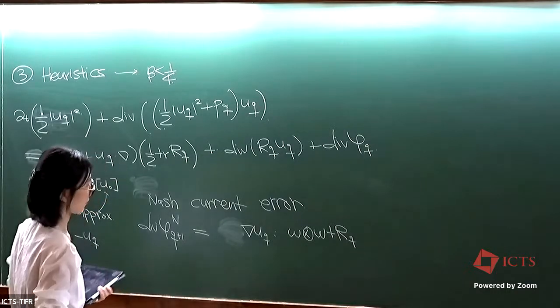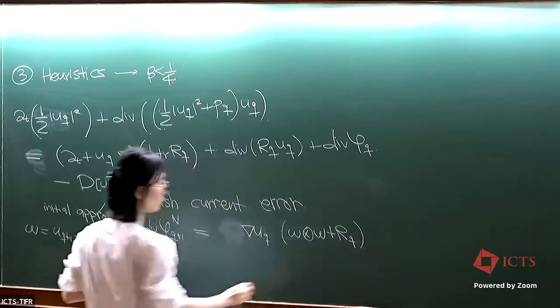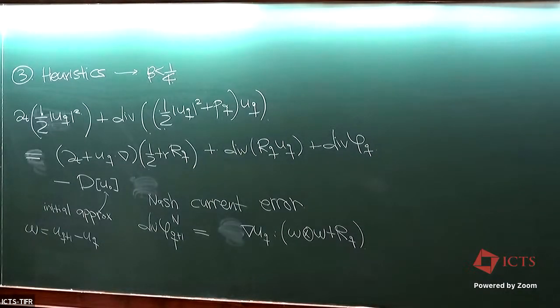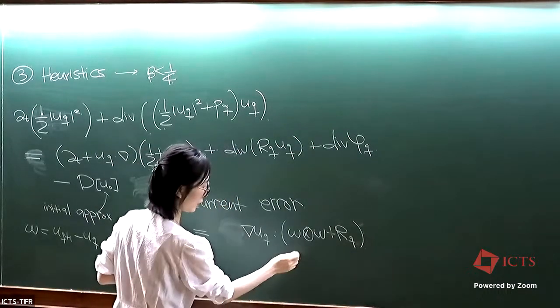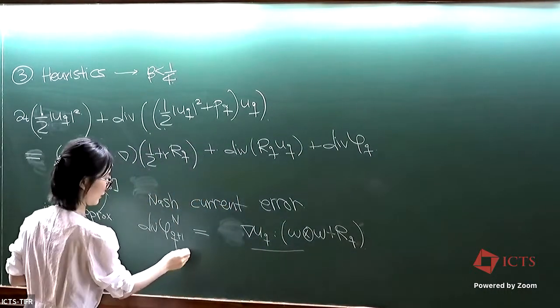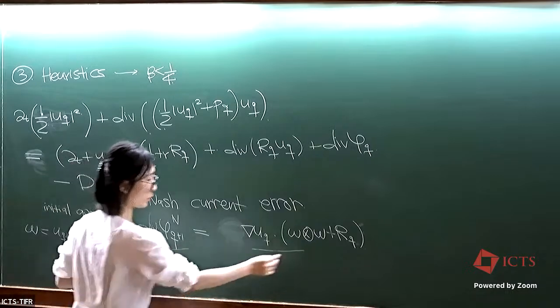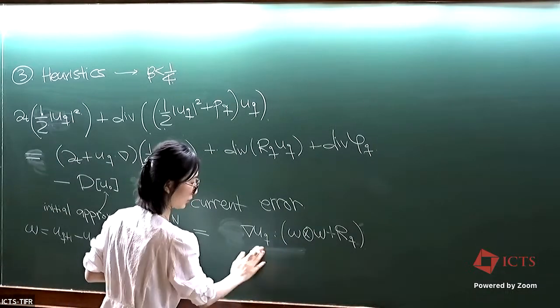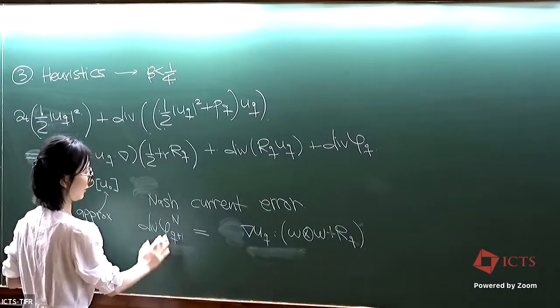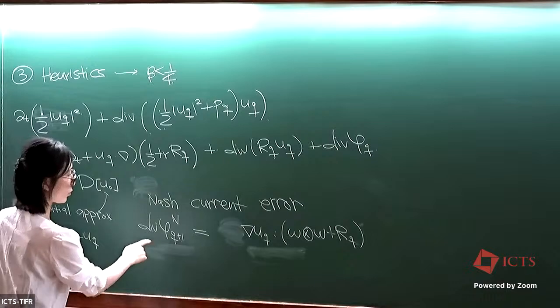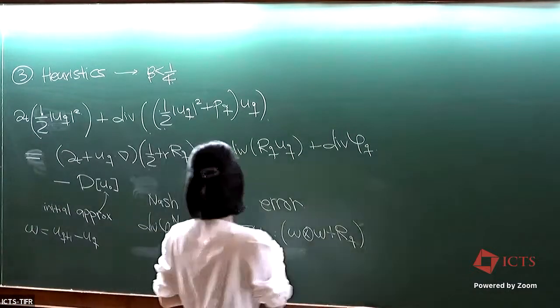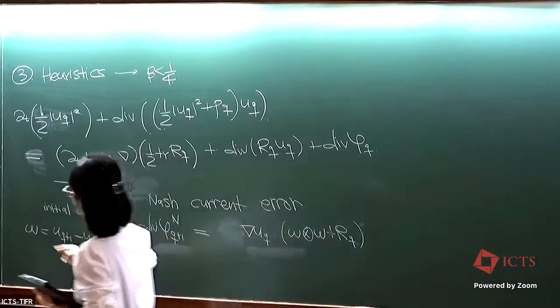Yes. Okay, so if you ignore R_q, this one is almost like the Nash error, but you actually have an extra W. So that's why it's called the Nash current. And now let's do the estimate by using our size relationship.